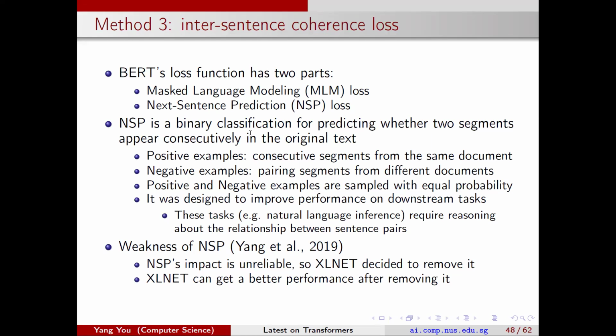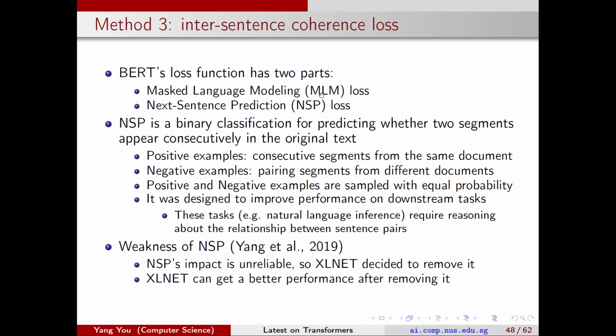So the third technique of ALBERT is to have a better loss function. I hope you still remember the first loss function has two parts. First is masked language model, and second part is next sentence prediction.